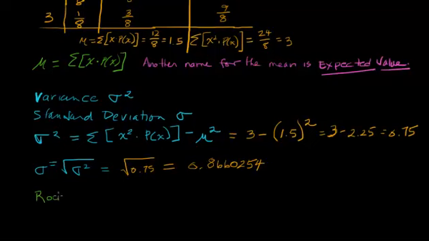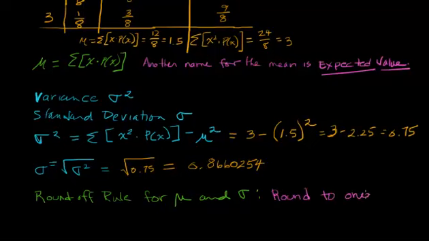The round off rule for mu and sigma says that we will round our results to one more decimal place than used for the random variable x.